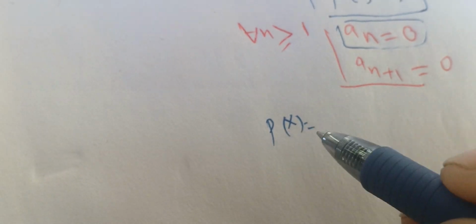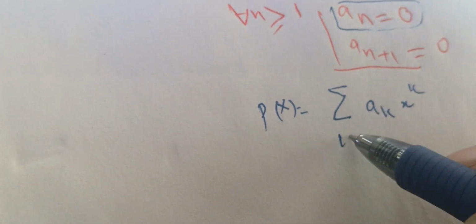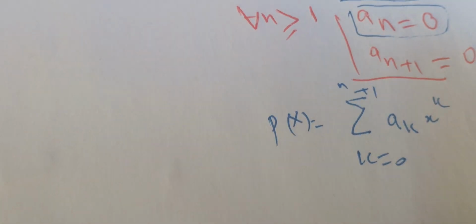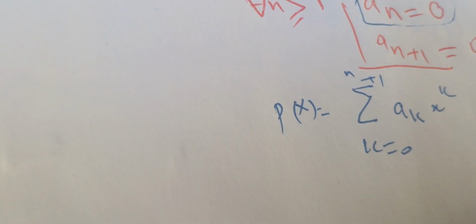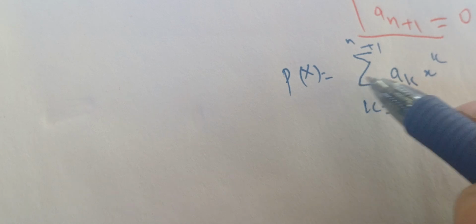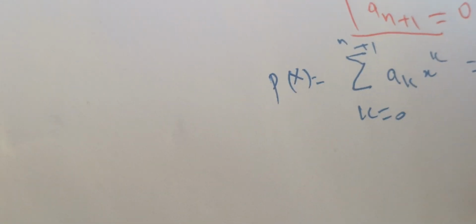So we have that p of x in this case is going to be written, assume that it can be written in this manner: the sum of a_k x to the power k, k going from 0 to n plus 1. But if we equate it with the other condition, it's going to be the sum of a_k (x plus 2) to the power k, with k going from 0 to n plus 1.